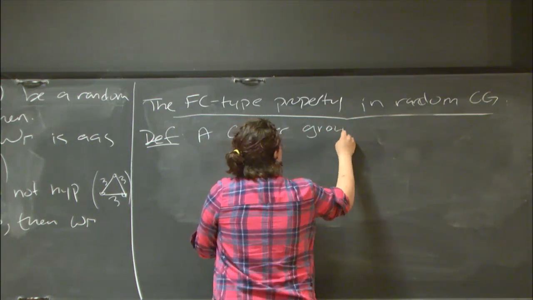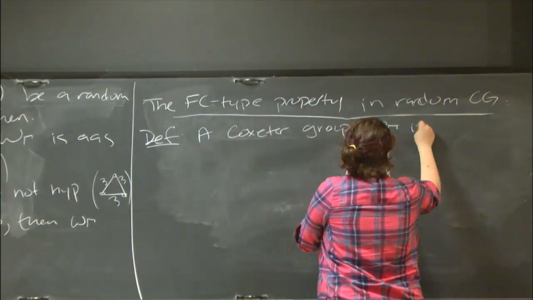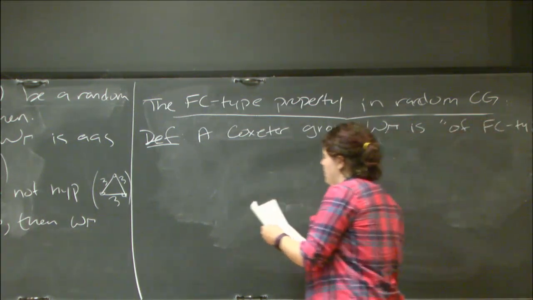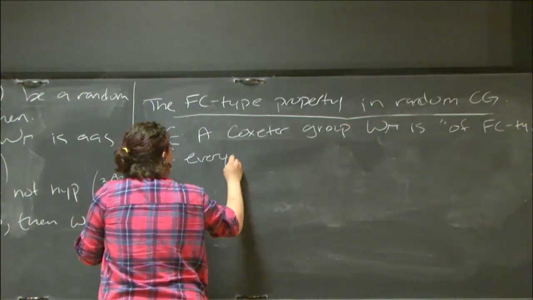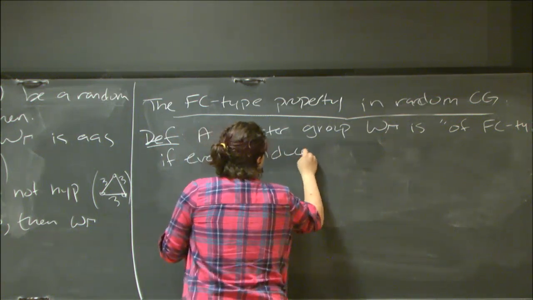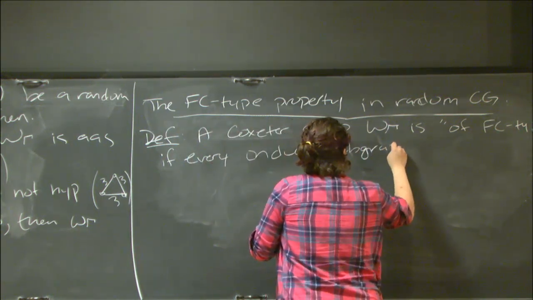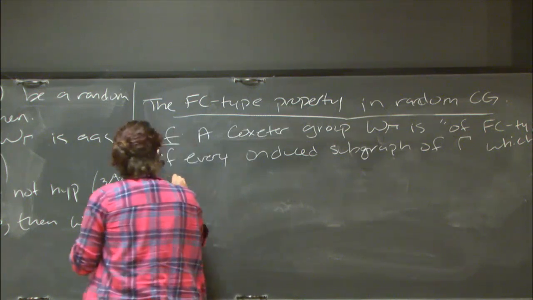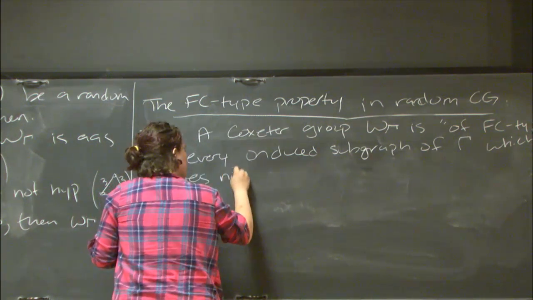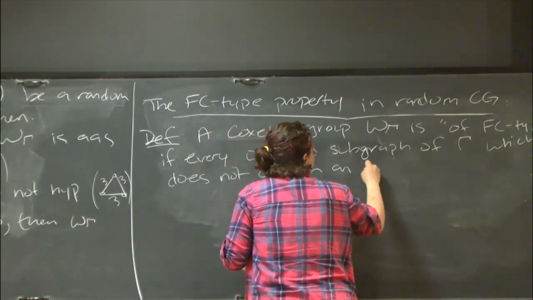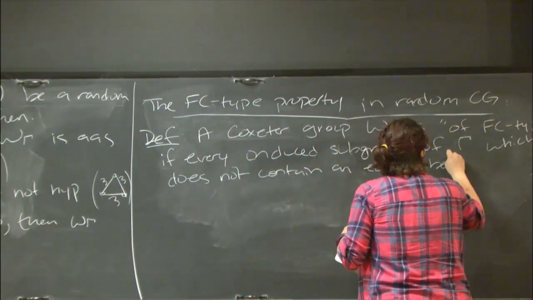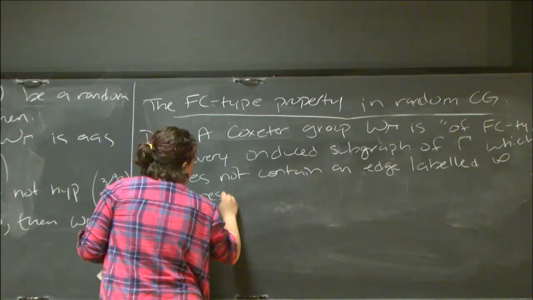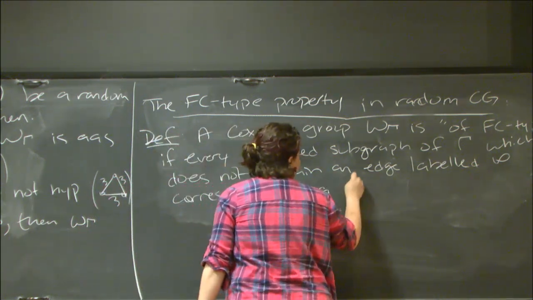A Coxeter group W_Γ is of FC type if every induced subgraph of Γ which does not contain an edge labeled infinity corresponds to a finite subgroup.